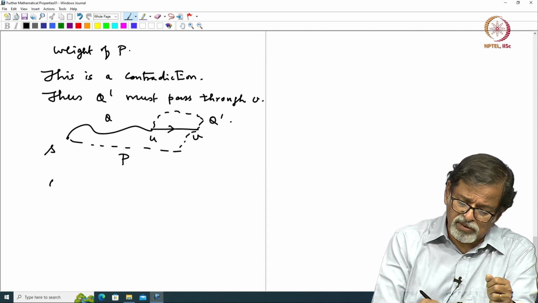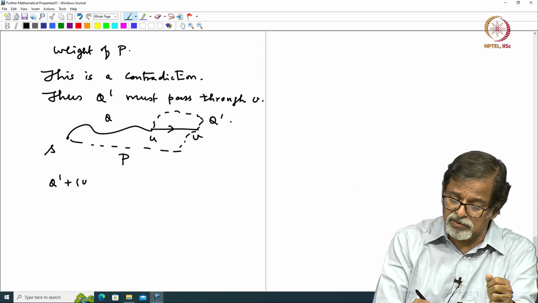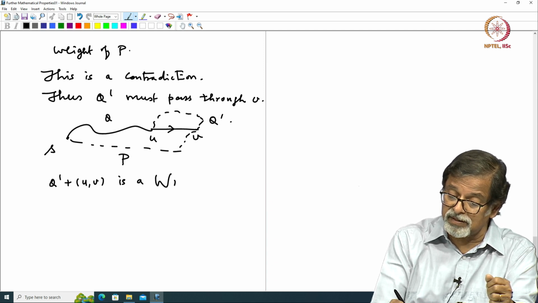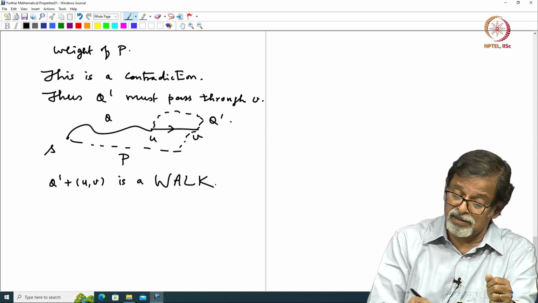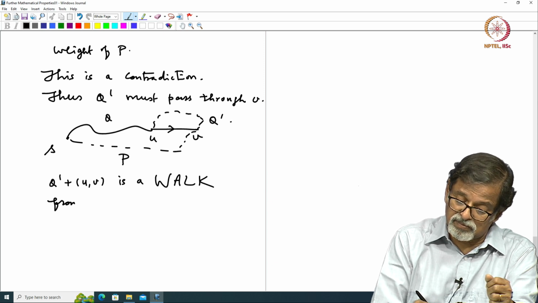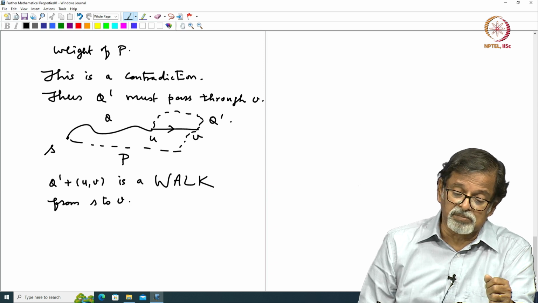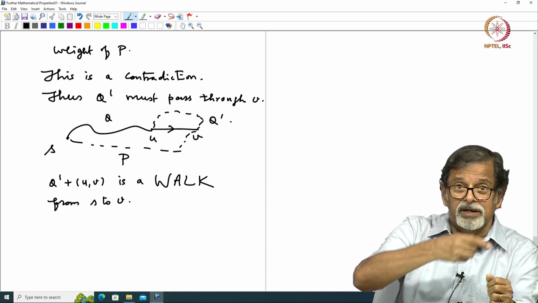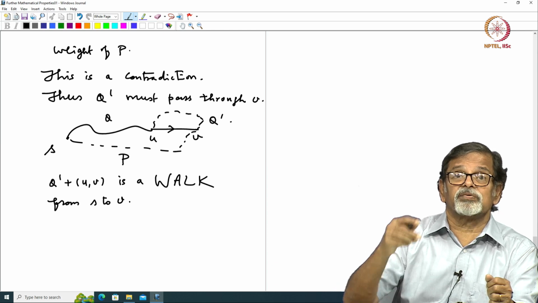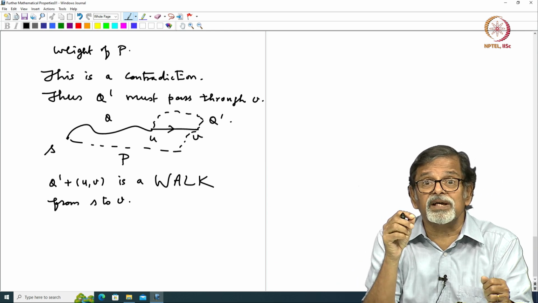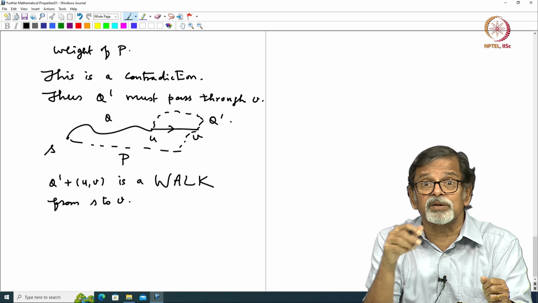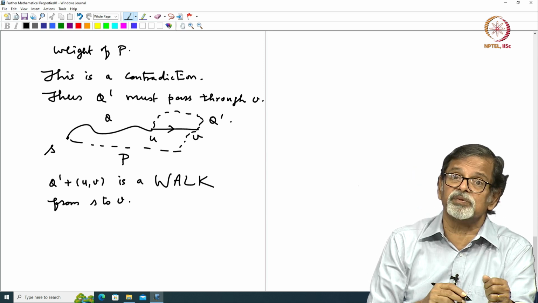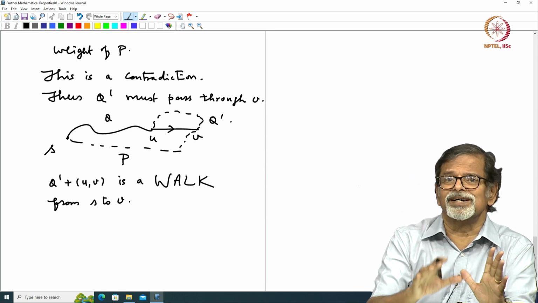Therefore, Q dash plus UV is a walk from S to V, because already V is there and again you are visiting V. Therefore, the vertex V is occurring twice in Q dash plus UV. Therefore, it is not a path, it is a walk.